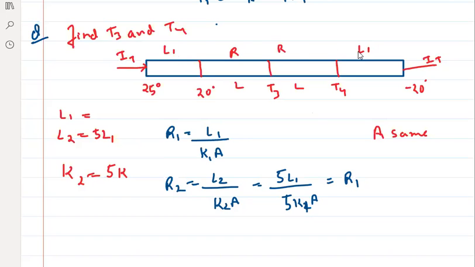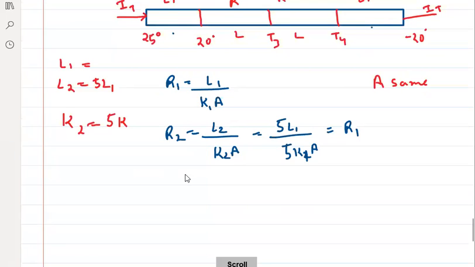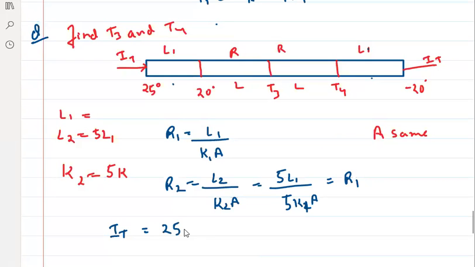So this R1 and this length and this length are same, right? If this and this are same, I can use this equation now. IT is equal to first one, this one, 25 minus 20 by R1. Makes sense?